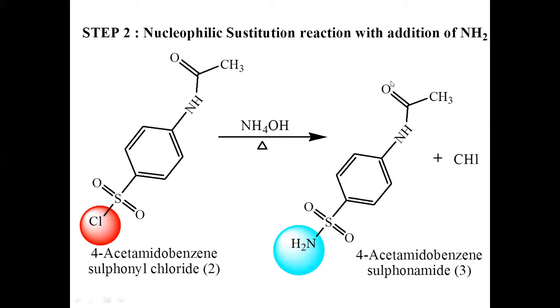When we apply heat to the ammonium hydroxide, this leads to the generation of ammonia. Means ammonium hydroxide provides a continuous source of ammonia to the reaction mixture.